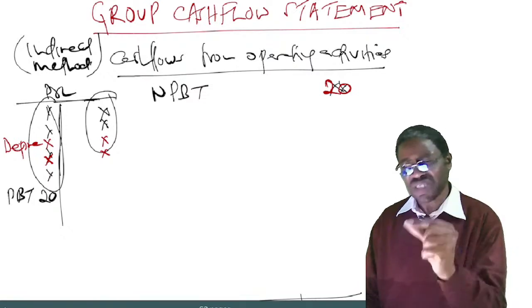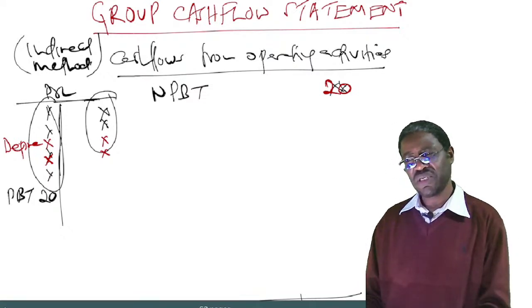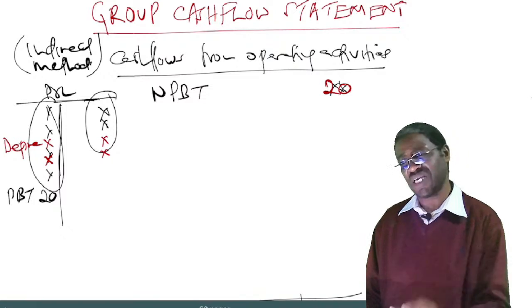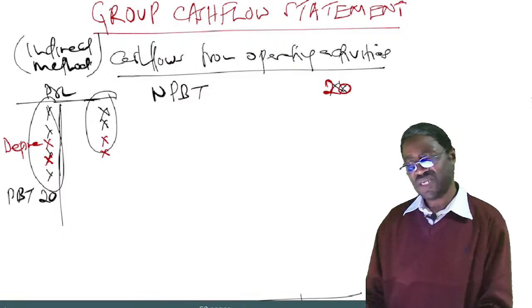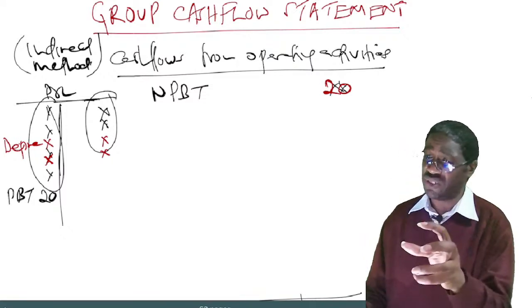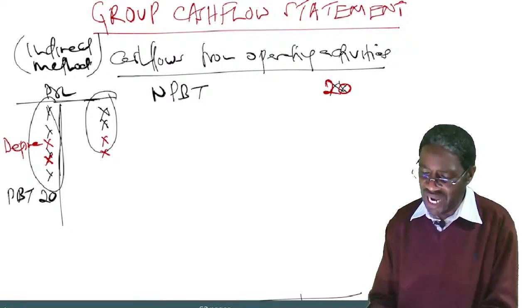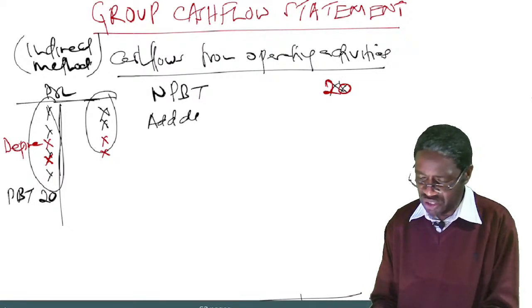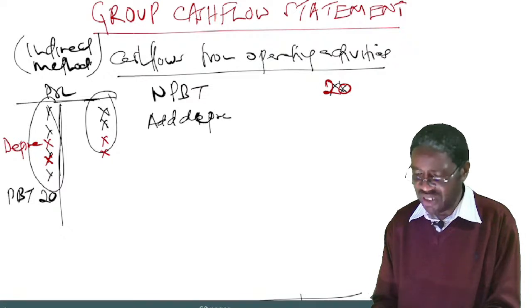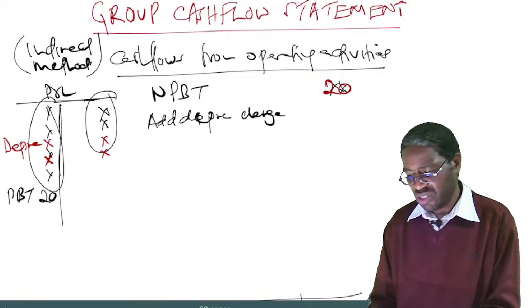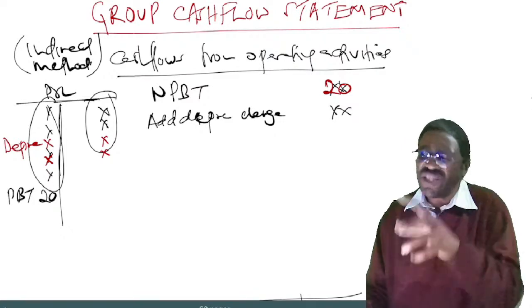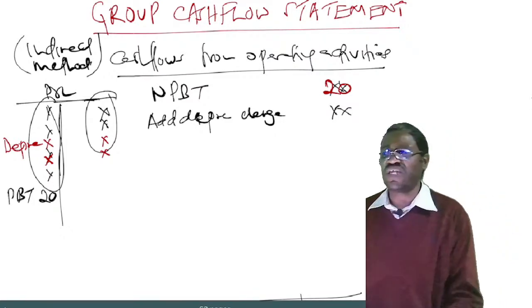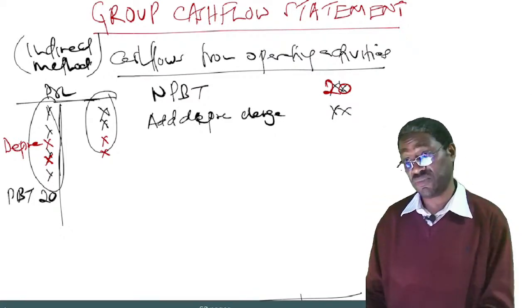When expenses are overcasted, profit is undercasted. And therefore, to correct this 20 million, we normally come and add depreciation. We normally add the depreciation charge so that we get the true profit if everything in the P&L account was by cash.